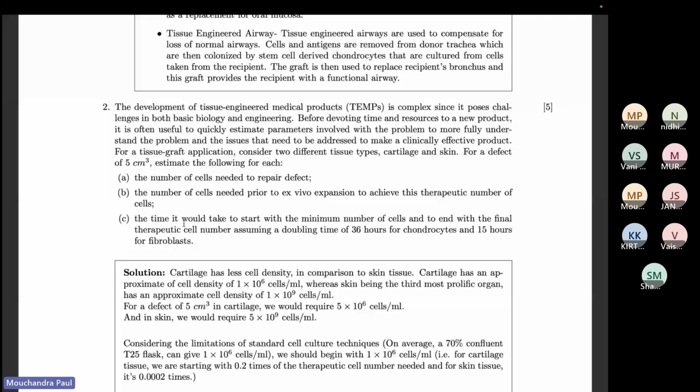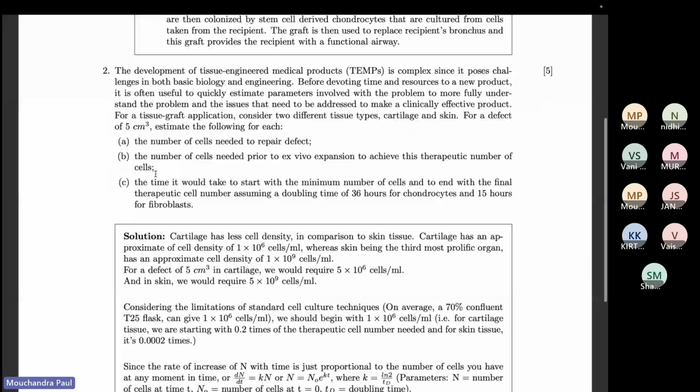In part B, they have asked how many cells you need prior to expanding your cells within the TEM, so that you achieve the therapeutic cell number, from million to billion cells. That is the therapeutic cell number you calculated in part A. So in order to achieve it, how many cells do you need in the beginning?